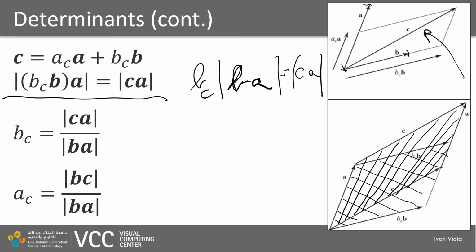So if we just divide by the determinant BA, which is easy to calculate here, then we can find out the BC component. And analogously, we can calculate the AC component. So simply by using determinants, we can find out what is the linear combination of these two vectors so that we can represent the vector C.